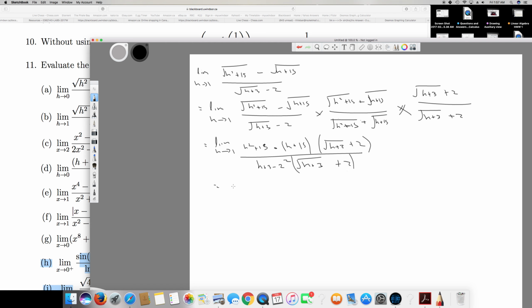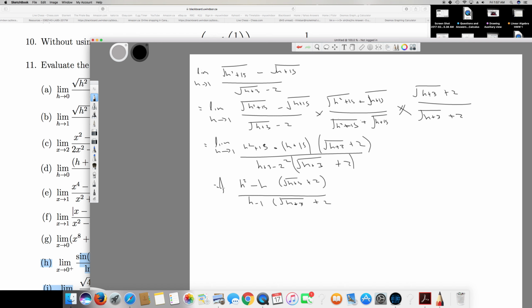So which is going to be, as we did before, h square. If you expand, it's going to be h square minus h and square root of h plus 3 plus 2 over h minus 1 square root of h plus 3 plus 2.